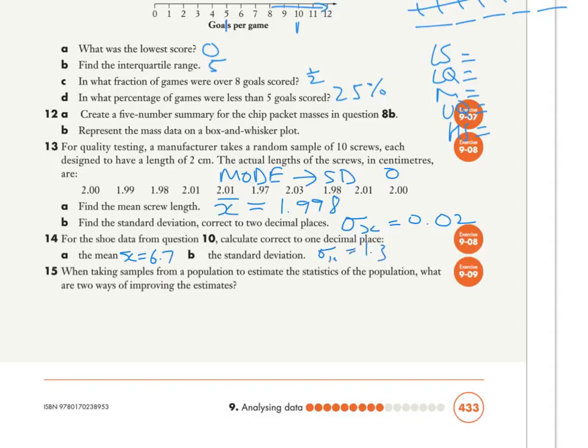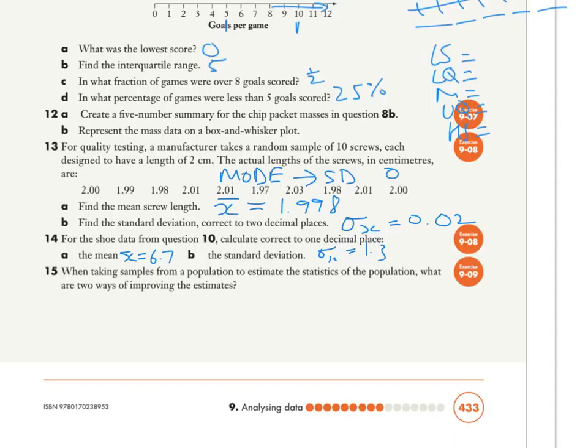Now on the other calculator, this time you've got to make sure that your frequency is on, and then you add them, you put them all in, you AC it at the end, and then you go shift stat, and you var, and you find those.